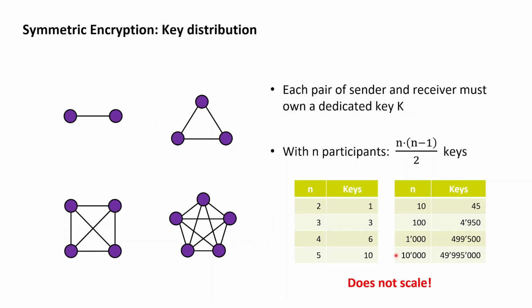Knowing that in modern IT systems such as messengers like WhatsApp and Signal, the number of participants can reach easily into the billions, we can see that symmetric encryption is not a suitable system to provide confidentiality to its participants.